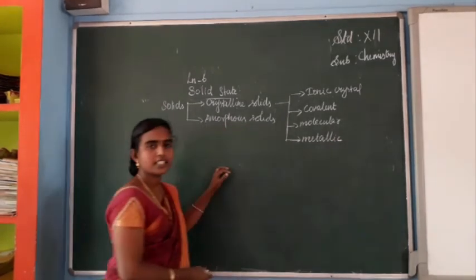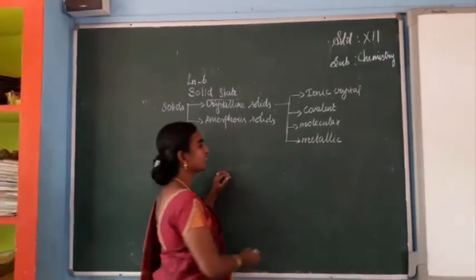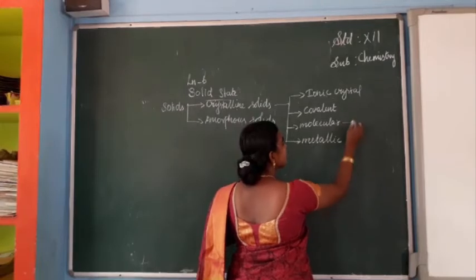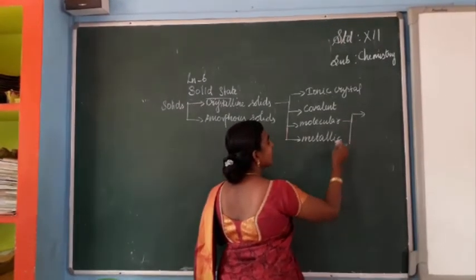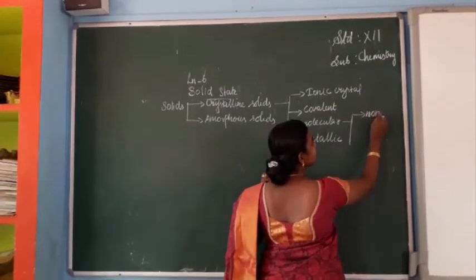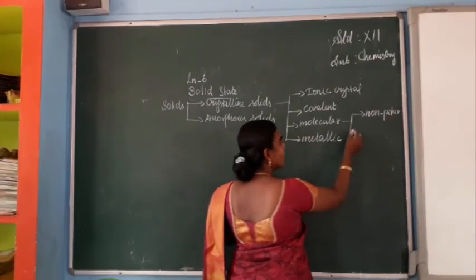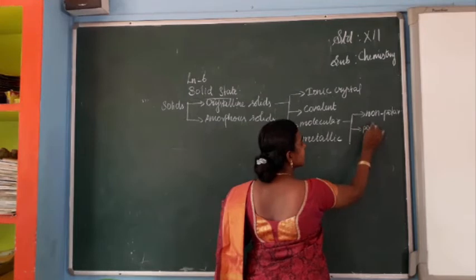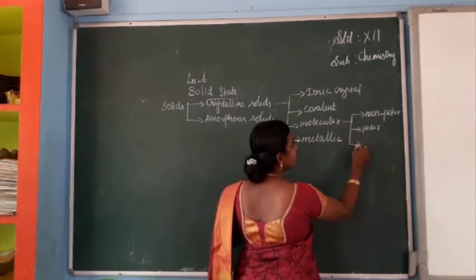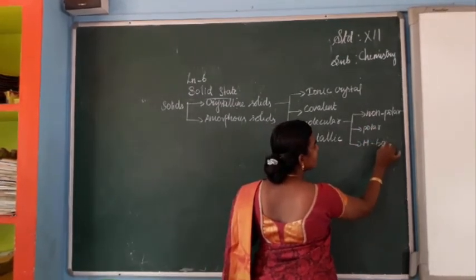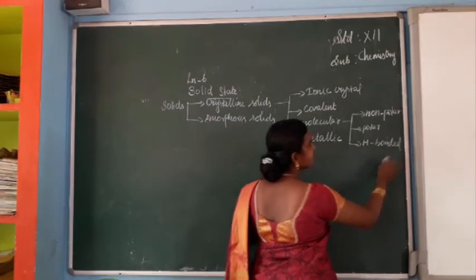Molecular crystals are further classified into three: non-polar molecular crystals, polar molecular crystals, and last one is hydrogen bonded molecular crystals.